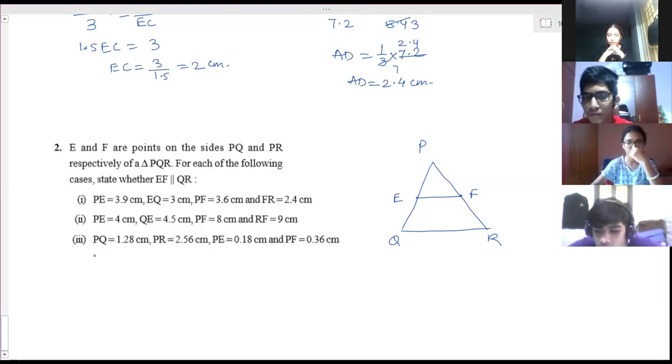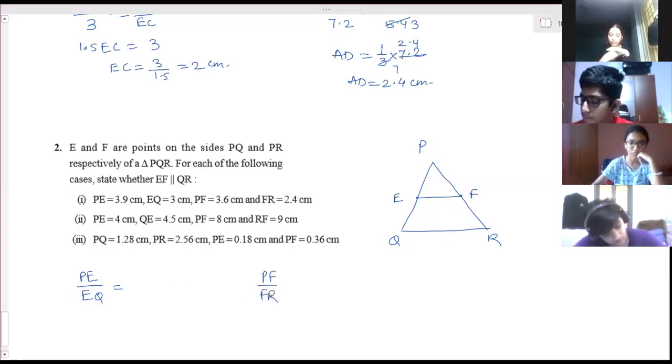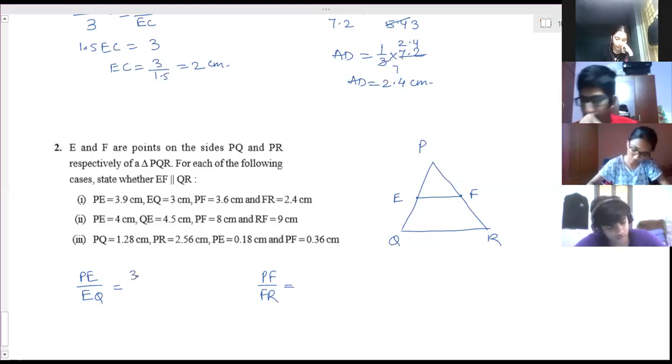Ma'am, if PE by EQ is equal to PF by FR. So let's find out PE by EQ, and PF by FR also we have to check whether they are equal or not. PE is 3.9, EQ is 3, so that means it is 39 by 30, it's 1.3.